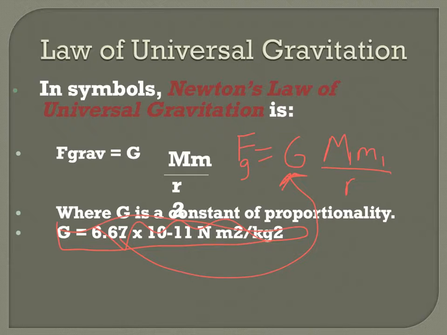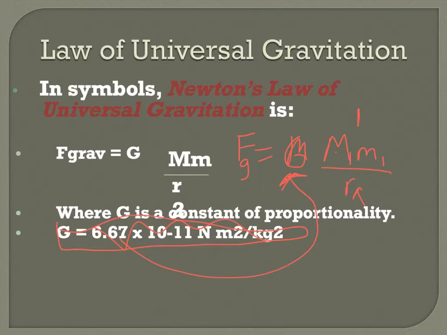If some of you are looking at this really confused, let's take a second to break this down. Let's say that when you multiply big M times little m, you get 1. So the mass is kept constant. What do you think will happen to the force of gravity if we increase the radius between the two objects?